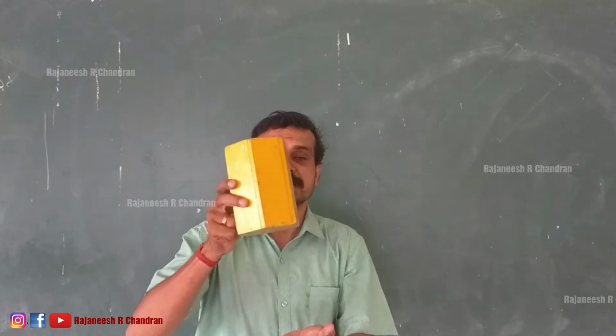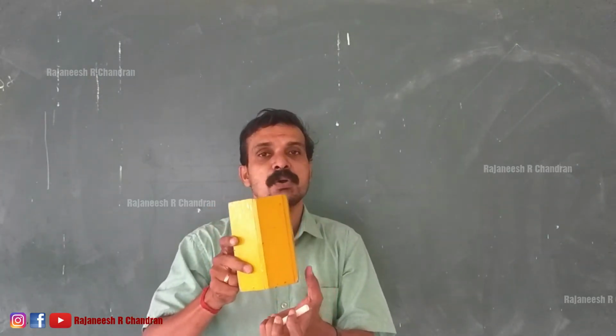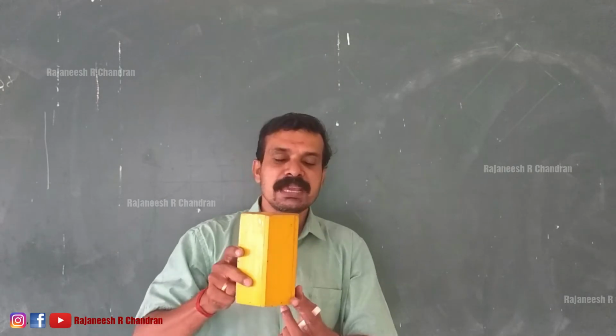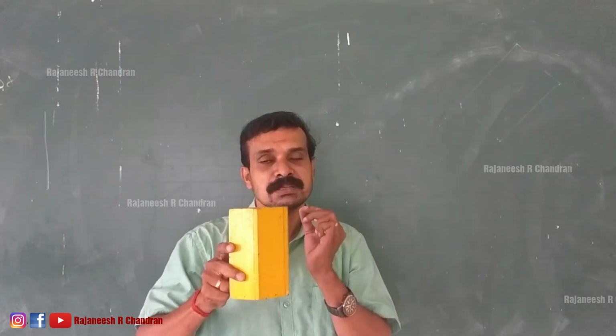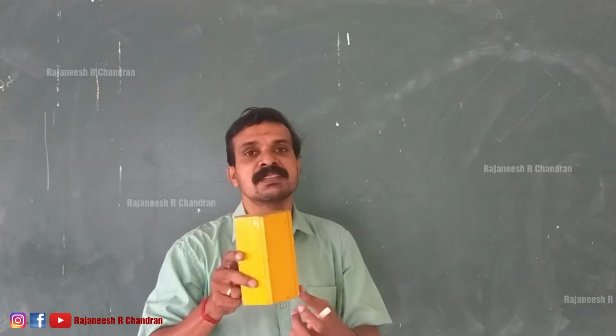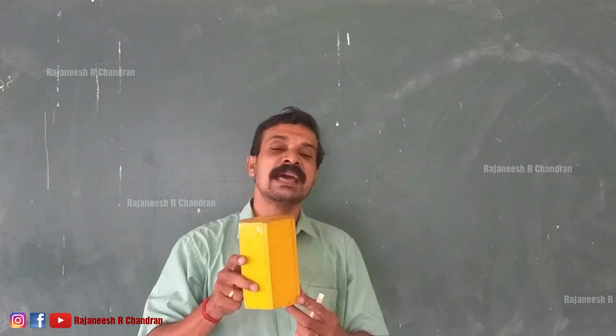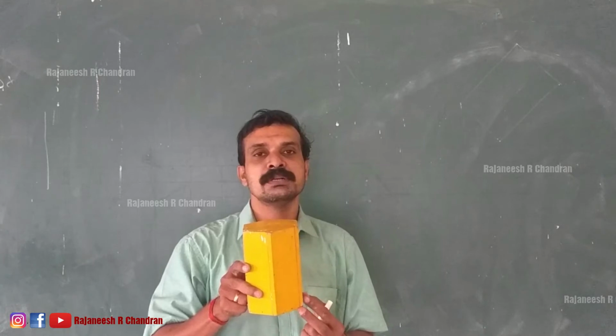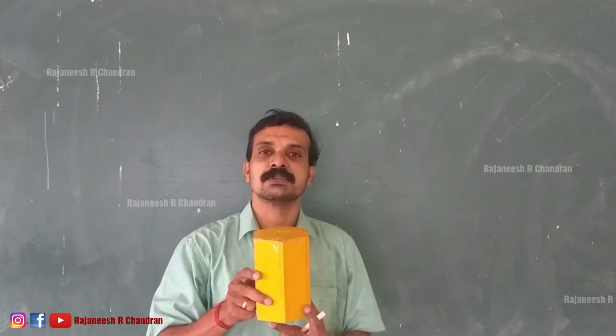Why? Because it is given that the hexagonal prism is placed on the ground with one of its base edges on HP, and again it is given that that base edge is inclined at an angle of 40 degrees with respect to VP, and the axis is inclined at an angle of 45 degrees with respect to HP.